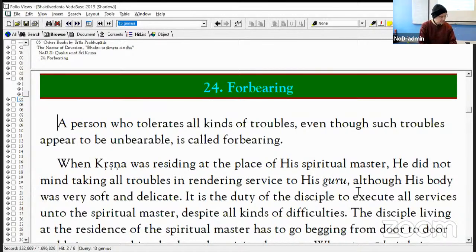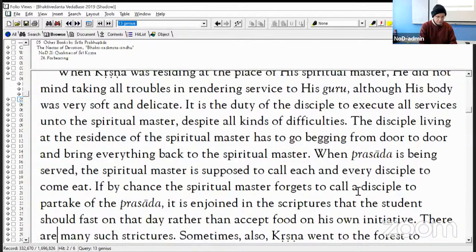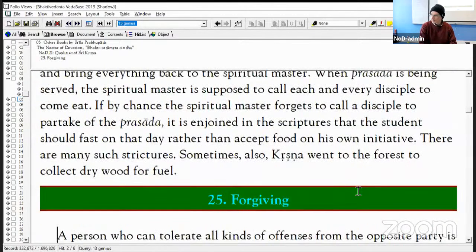So the example here is when Krishna went to bring wood from the forest to the spiritual master. So this is 24.